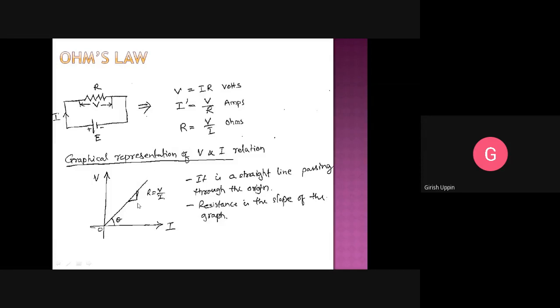The slope of that straight line is representative of the resistance. So R is equal to V by I. R is nothing but the slope of this line, and it passes through the origin. If you don't apply any voltage, the amount of current that flows is zero.